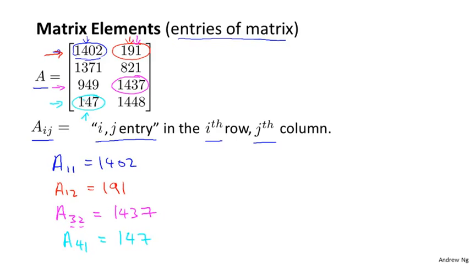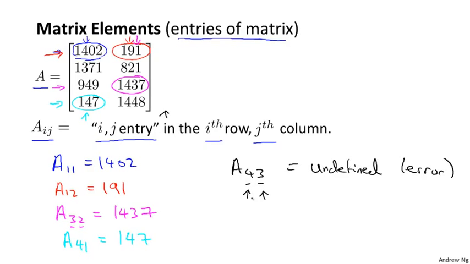And hopefully you won't, but if you were to write, say, A43, well, that refers to the fourth row and the third column, but this matrix has no third column, so this is undefined. Or you can think of this as an error. There's no such element as A43, so we shouldn't be referring to it.